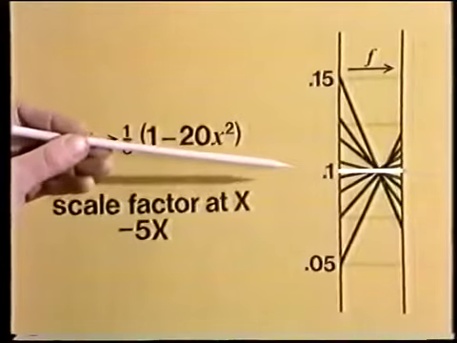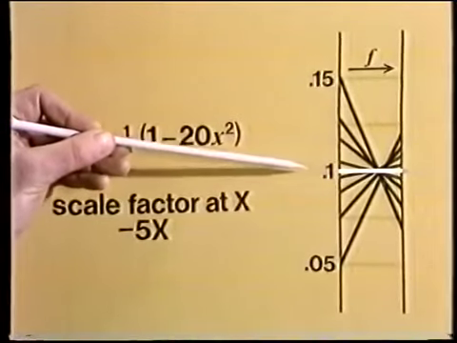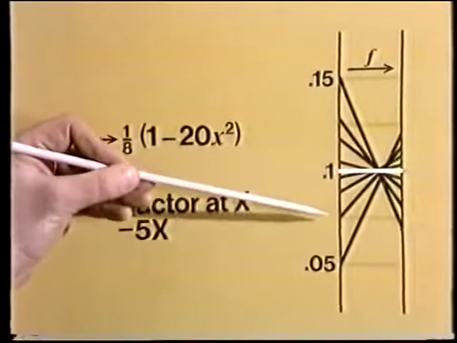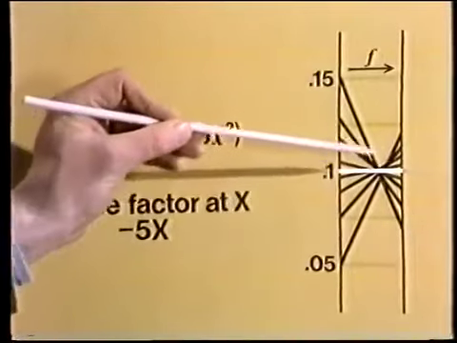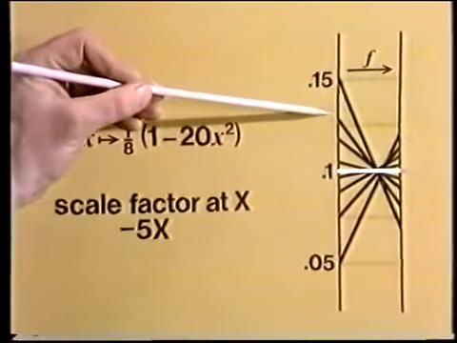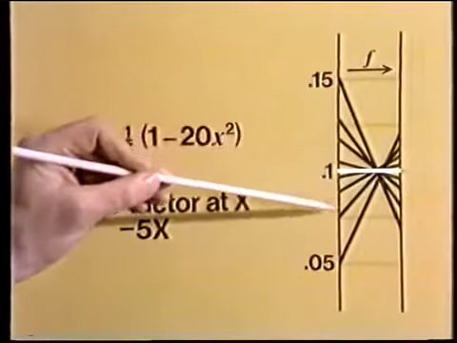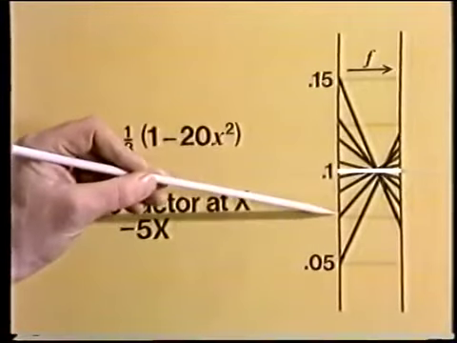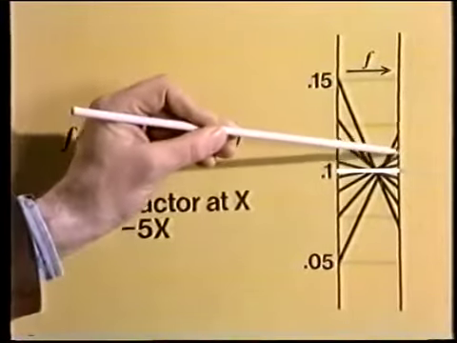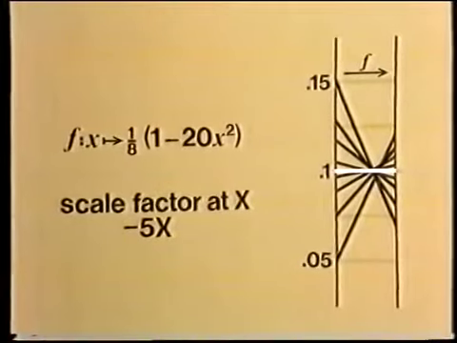And this is what the mapping diagram looks like for points near the solution 0.1. If you take a point below 0.1, then it's mapped above, and vice versa. So the error changes sign, and you can see that the distance from 0.1 is approximately halved. In other words, the errors are multiplied by minus a half, which is the scale factor.